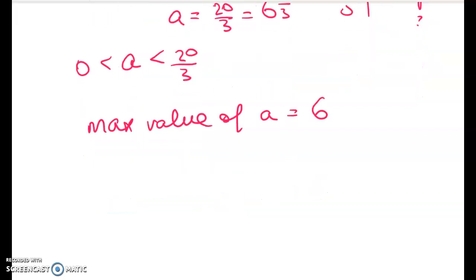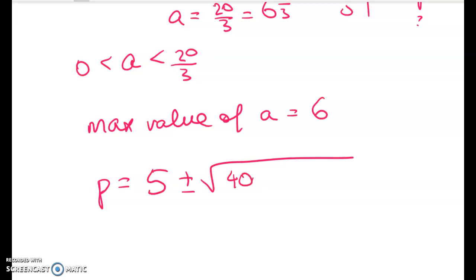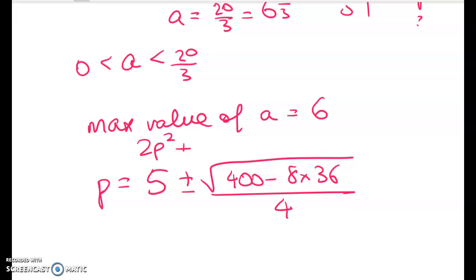And now we still have to find the dimensions of that thing, right? So we've got p is equal to 5 plus or minus the square root of 400 minus 8 times 36, all divided by 4. You could be chucking that into your graphics calculator at this point. So what was my equation?